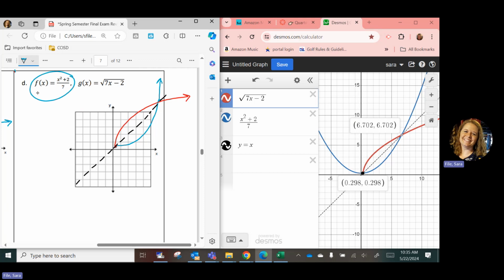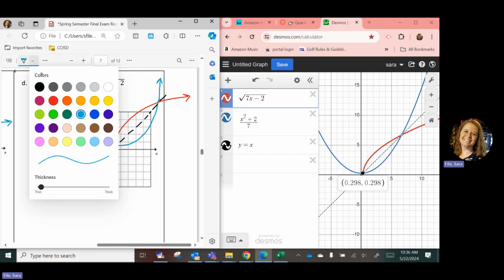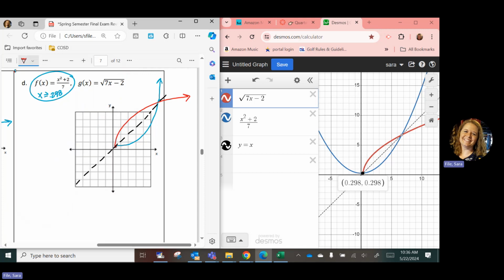All right, so that one's in blue, where x is greater than or equal. Okay, it's restricted to that 0.298. If they don't have the restriction listed, then we would say no. And then that one is in red.